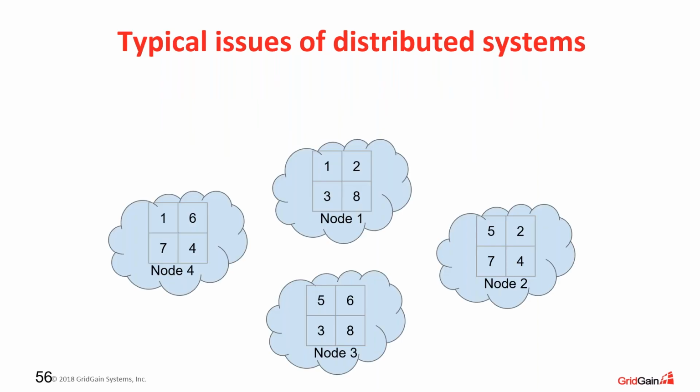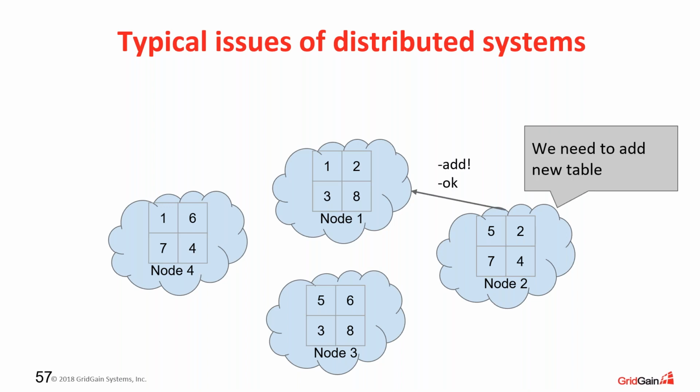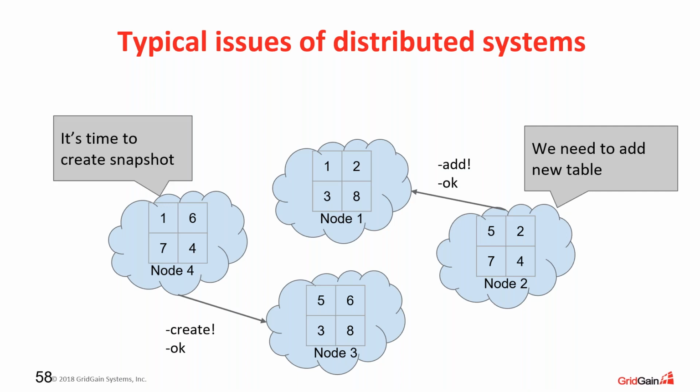Let's consider a part of the life of a typical distributed system. What may go wrong? What are typical issues of distributed systems? Imagine that there is an administrator who decided that he wants to add a new table. He enters the command to add a new table on one node, and the node starts propagating this command across the whole cluster. And there is another, conflicting administrator, who decides to create a snapshot.